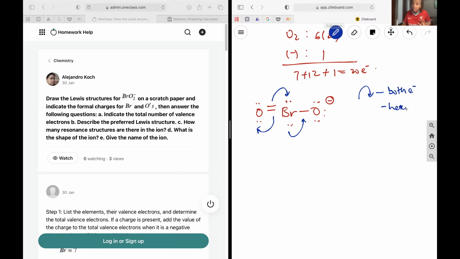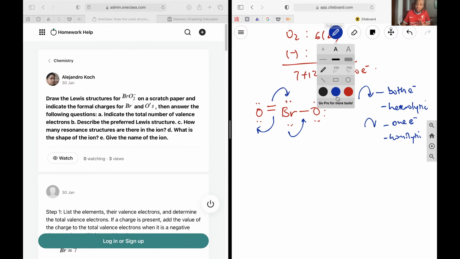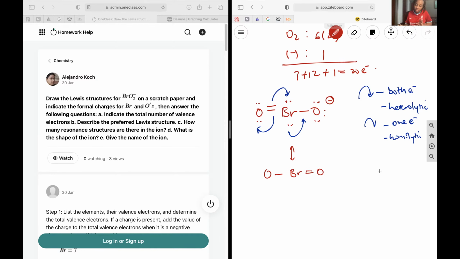It is heterolytic. And a single arrow means that I am moving one electron, which is homolytic. When I do this, I'll end up with a second structure, which looks basically like this reflected in a mirror. And they're not separate structures, they're the same wave function when you actually think about it, but with electrons arranged in a different way, which factors in that delocalization of electrons.